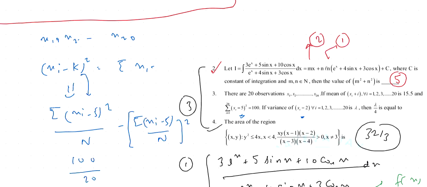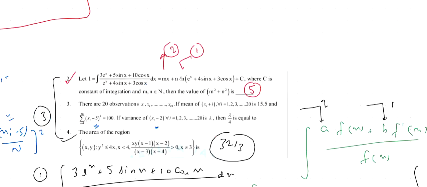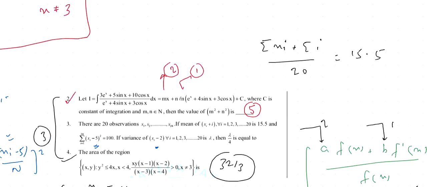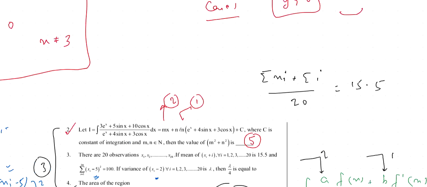Let us focus on this value. How can we calculate the summation of xi minus 5, right? So information is given, no doubt. So (sigma xi plus sigma i) divided by 20 is equal to 15.5, right? And i is between 1 to 20. So we get sigma xi plus 20 into 21 divided by 2, that is equal to 15.5 into 20.